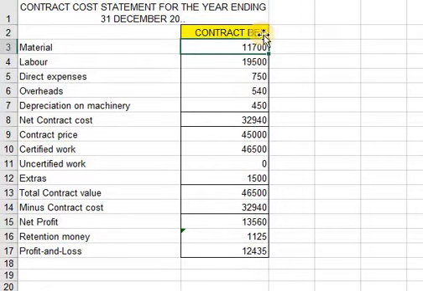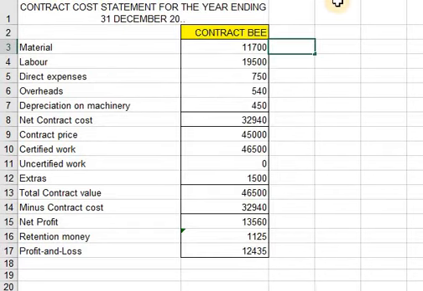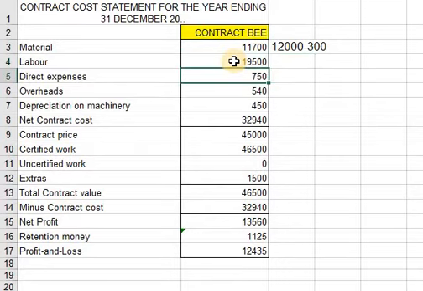So 12,000 minus 300, that you sent to the other contract, will give you 11,700. Labor is 19,500 that you were simply given, and you were given direct expenses of 750.